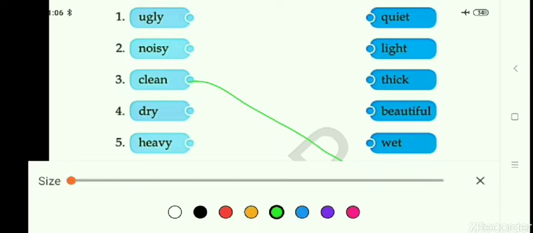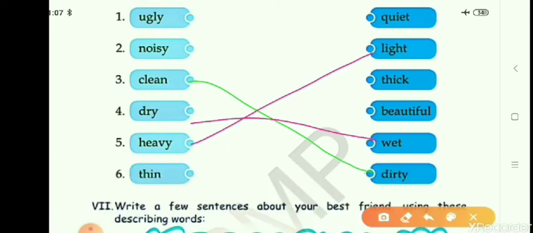Then dry. Opposite of dry is wet. And finally this one, opposite of heavy. Opposite of heavy is light. And the last word is thin, and opposite of thin is thick.